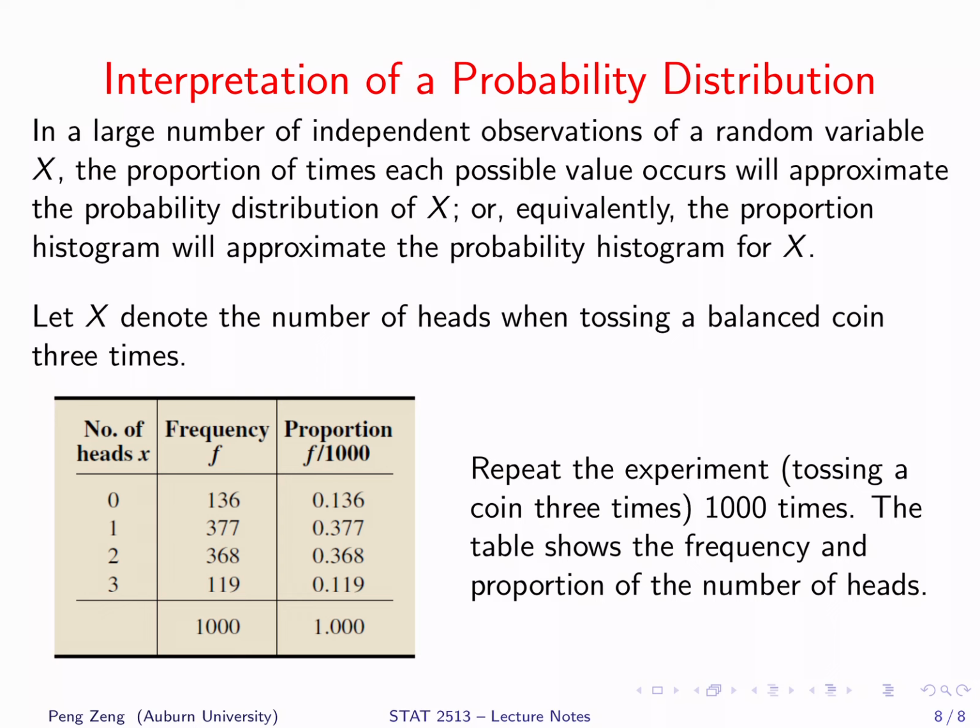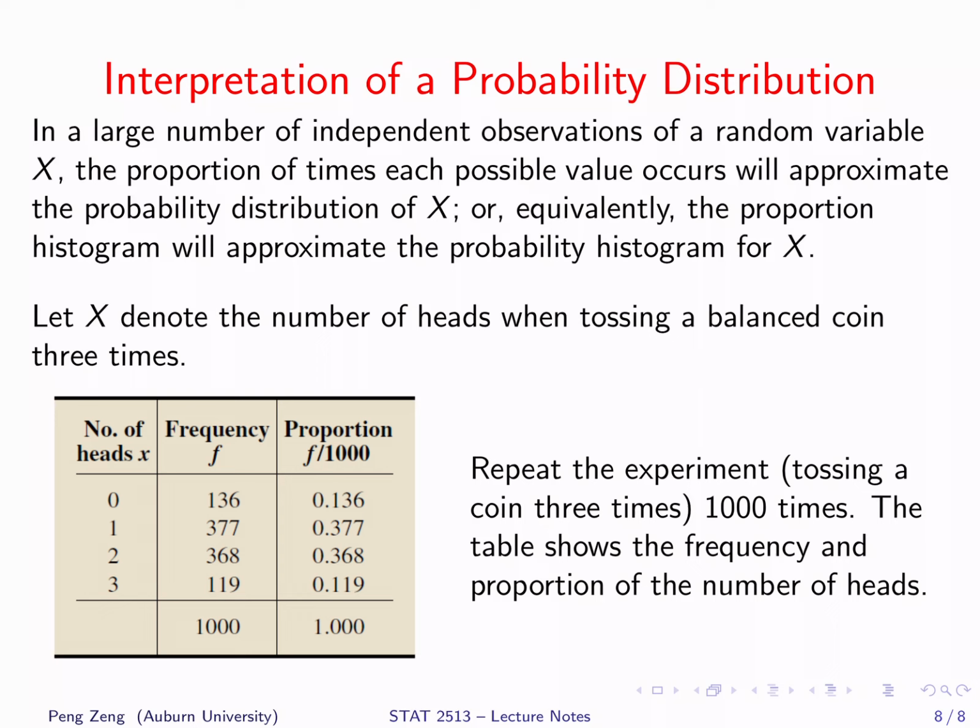It lists that 136 times out of 1,000 experiments, we get 0 heads. 377 times for 1 head, 368 times for 2 heads, and 119 times for 3 heads. The frequencies divided by 1,000 yield the relative frequencies or proportions.